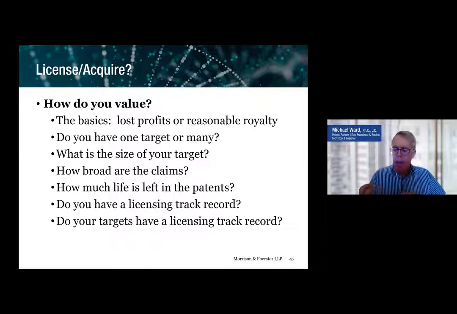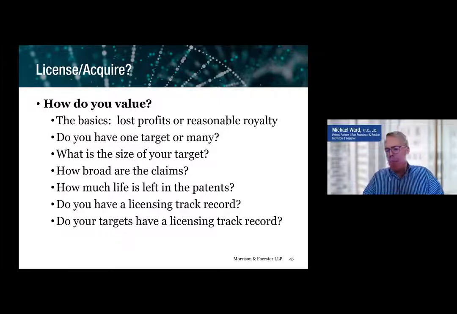You also calculate reasonable royalties. That is, I have a patent on something and you want to sell the product that's covered by my patent. I would charge you a reasonable royalty, something like 2 to 5, 7% of the product that you're selling. That's the royalty. Those are the ways that you assess the value of the patent. What's the royalty that may flow back to you if you own that, all right?